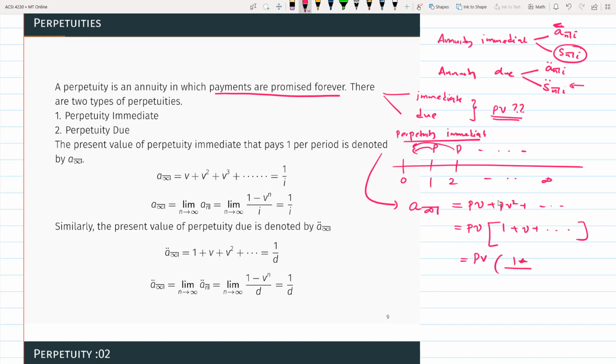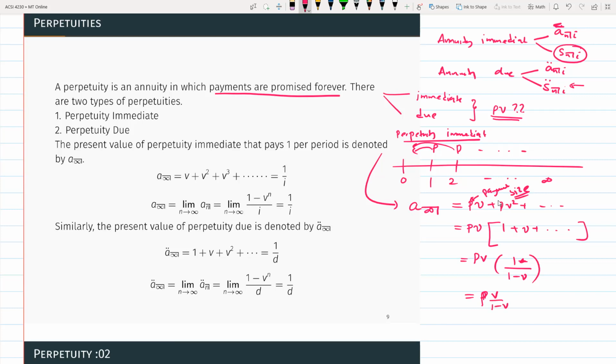If you use the geometric progression, it's going to be 1 over (1 minus v). So Pv, this is not present value, okay? This P is payment size. So Pv times 1 over (1 minus v), which is P times v over (1 minus v).